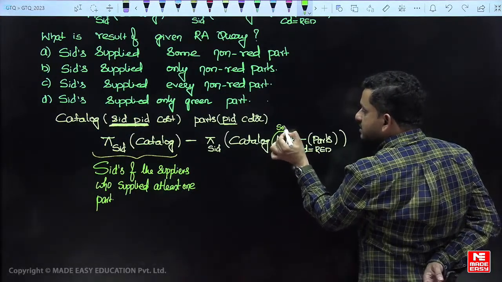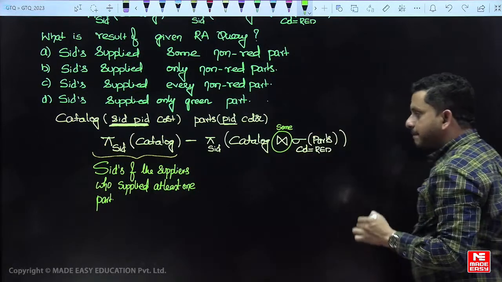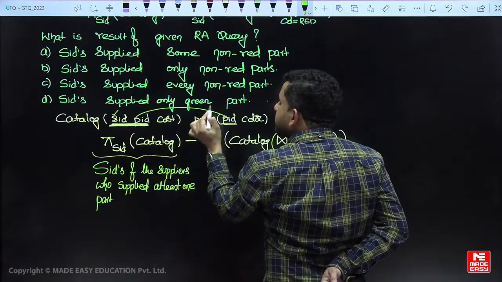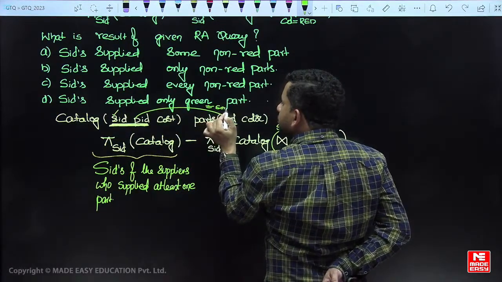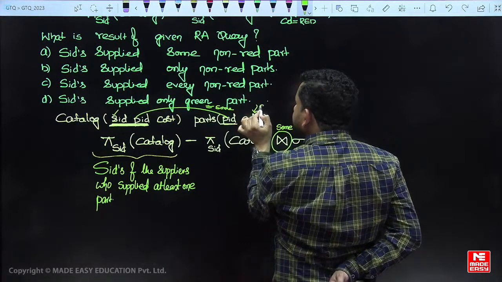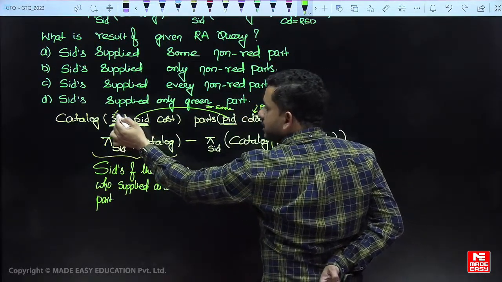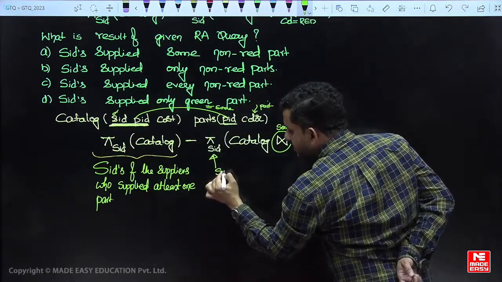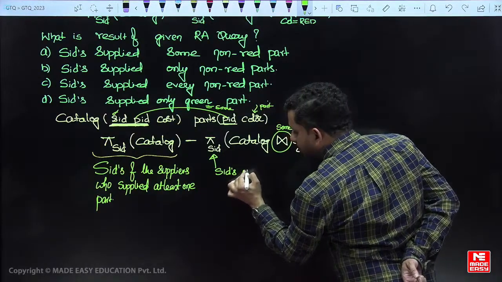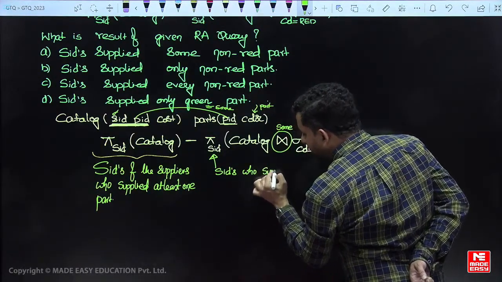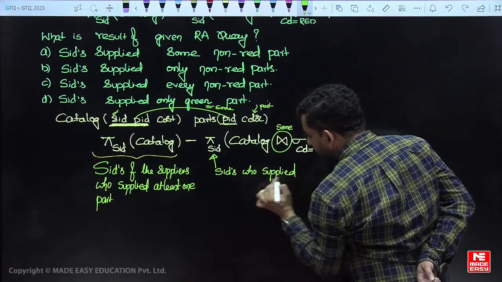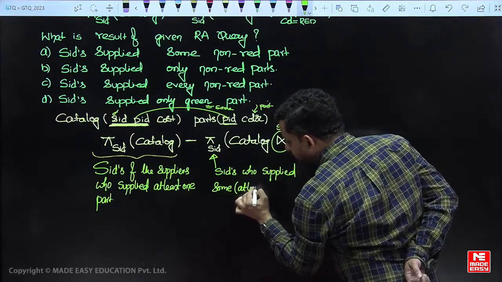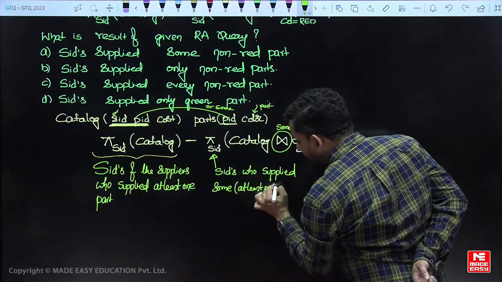Natural join is generally for this. So the second query gives the supplier IDs of suppliers who have supplied at least one red part, where part ID is equal to some red part. It will give the SIDs who supplied some, meaning at least one, red part.